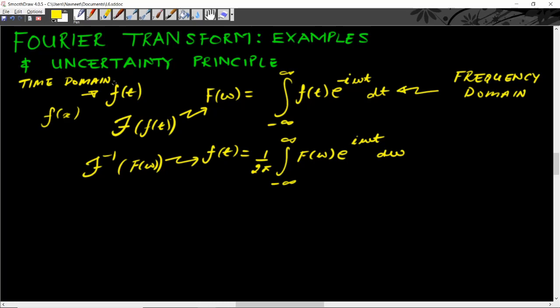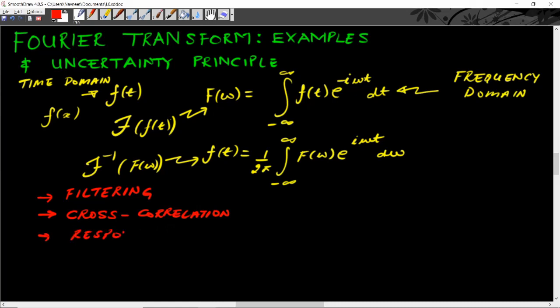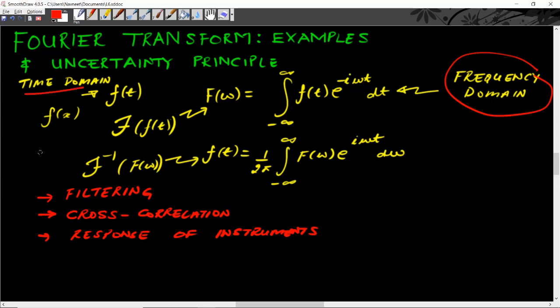Also, many signal analysis techniques such as filtering, cross correlation, and the response of instruments to input signals are more easily understood in the frequency domain rather than in the time or the spatial domain.